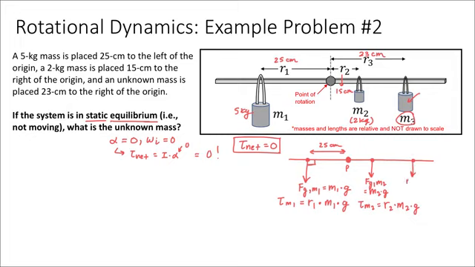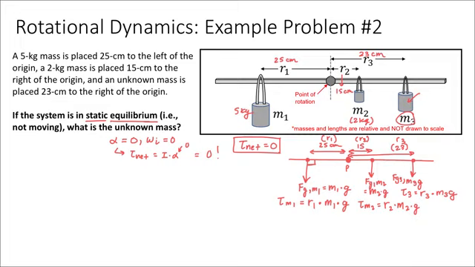That'll be equal to m3 times g, or in other words, the torque would be r3 times m3g, the lever arm times the force. So this is going to be the force of gravity on 3, and therefore the torque would just be that same force multiplied by the distance from the center, r3. So this I've been given. This is going to be 15, that's r2. This was r1, and then this distance is going to be 23, and that was my r3.